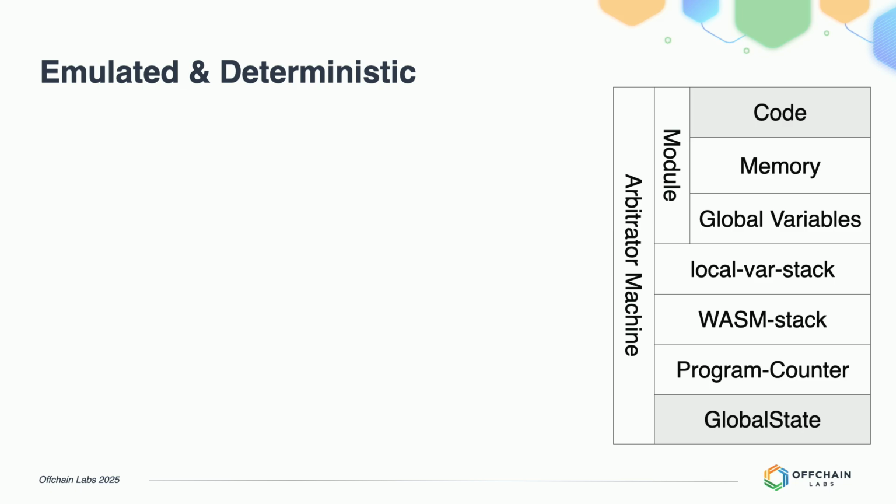It has representation for the memory, for the entire memory space that a program sees. It has a representation of stacks for the local and the WASM stacks. And it has a program counter, which is a pointer that says what is the next instruction that I'm going to execute.